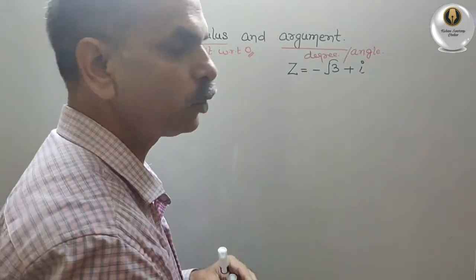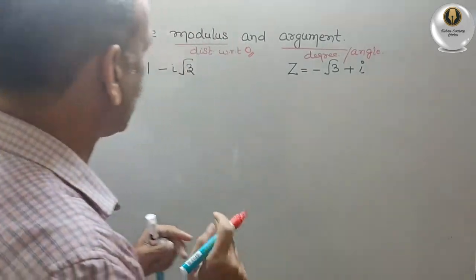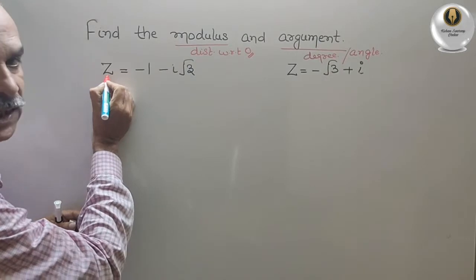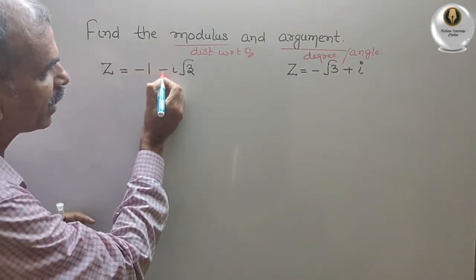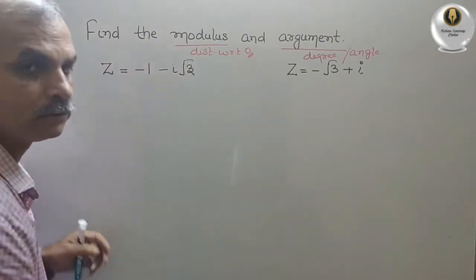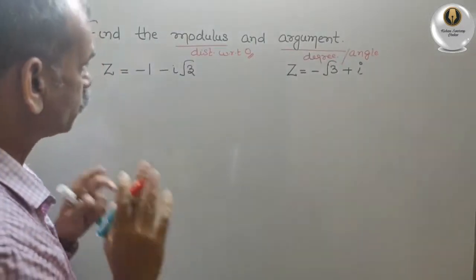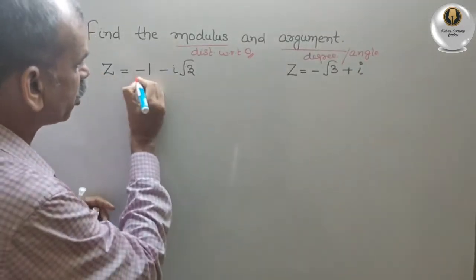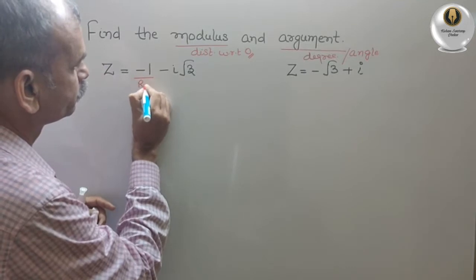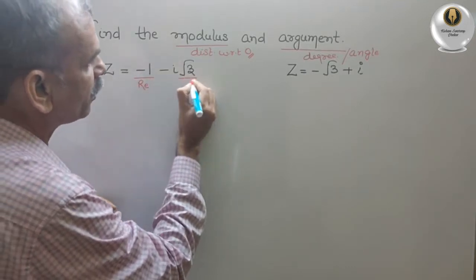Now, we will do it one by one. You can see here they have given z is equal to -1 minus i root 3. If you see, this is your real number and this is your imaginary number.